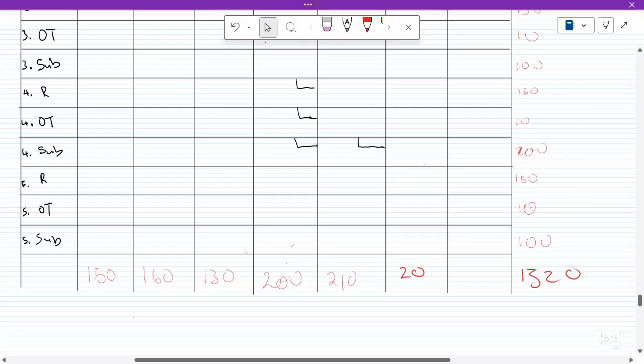150 plus 160 plus 130 plus 200 plus 210. They're giving me around about 850, which is not a problem. I know that with that 850, I'm going to need the 220 that they're talking about plus 20, so it becomes 870. So 1320 minus my answer, I think it's going to be 430 here.